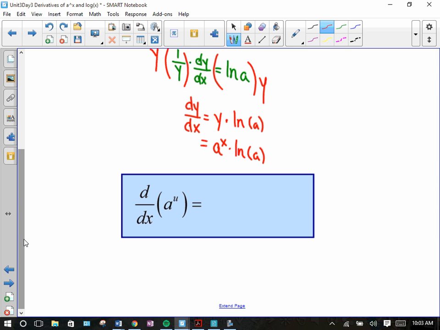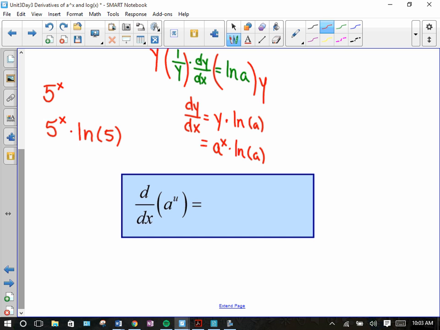No matter what the number a is, 4, 5, 6, 7, 8, that's the derivative. So let's say you had 5 to the x power. Find the derivative of that. The derivative would be 5 to the x times the natural log of 5. Done.